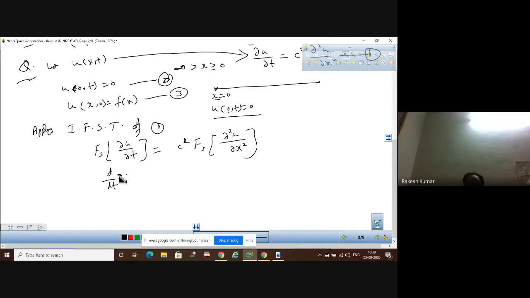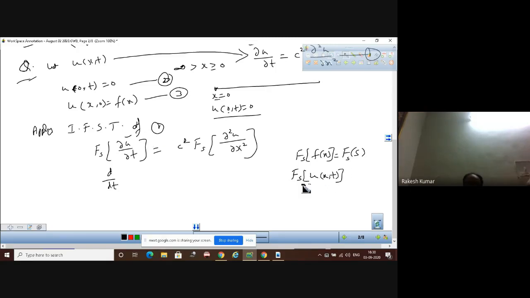That is d by dt, and the Fourier Sine transform of u will exist. So Fourier Sine transform of f of x. If you remember the definition, that is f s of x. So Fourier Sine transform of u(x,t), this one.